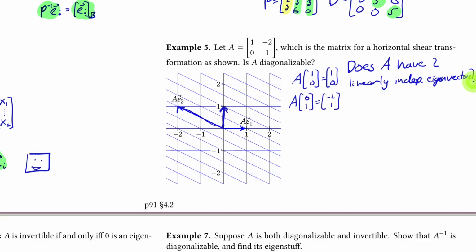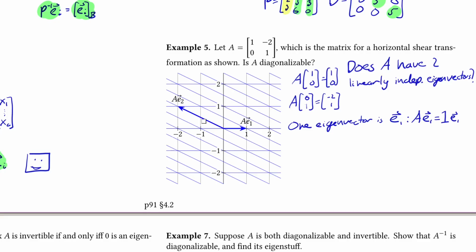Maybe pause it and tell me if you can think of one eigenvector, because I will tell you in a moment. e1 is one eigenvector. Why? Because A e1 is equal to 1 times e1. So it's corresponding with an eigenvalue of 1. Okay, so we have one eigenvector.